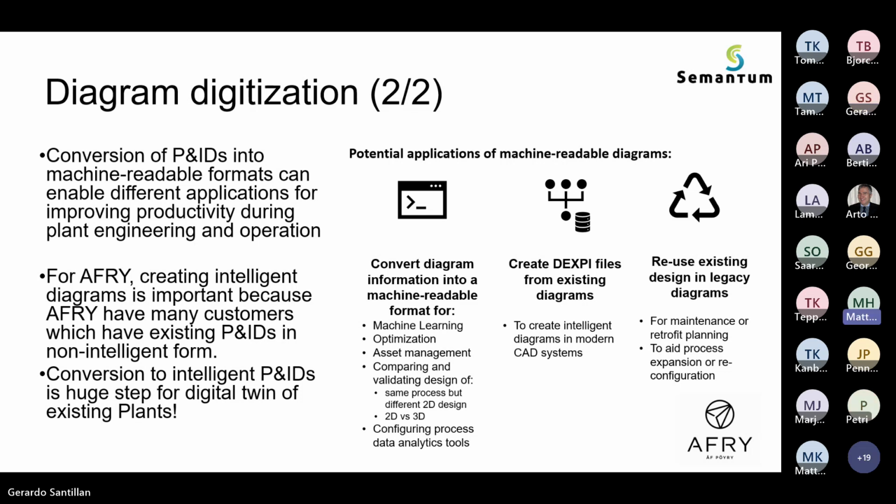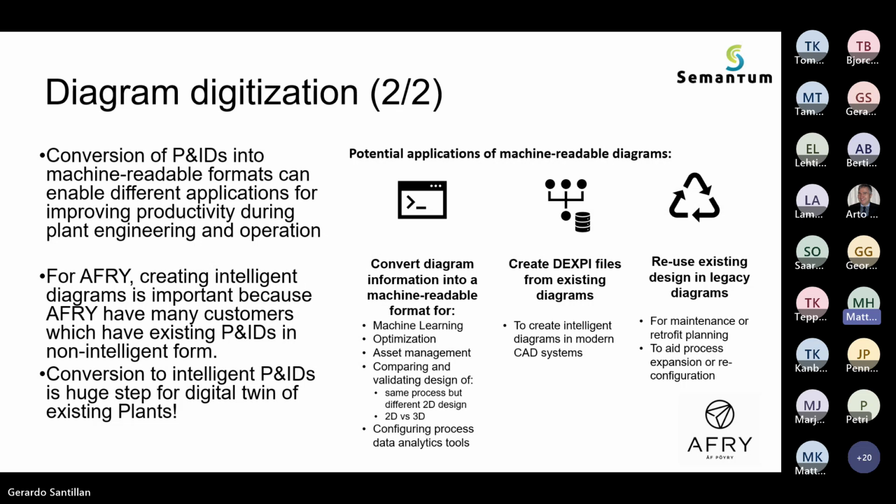Yes, of course. So for AFRY, we have many customers, like UPM or Metsä, who have many diagrams in non-intelligent form. Of course, these plants were built 30 years ago, and 30 years ago there was no way to make intelligent P&IDs.